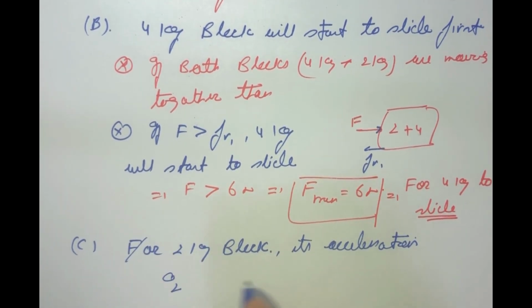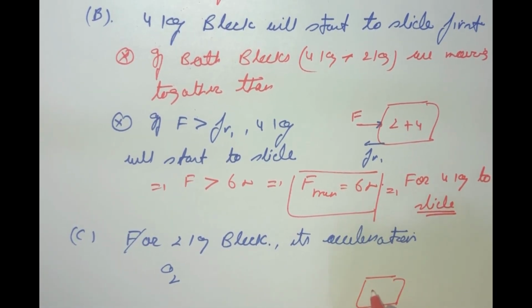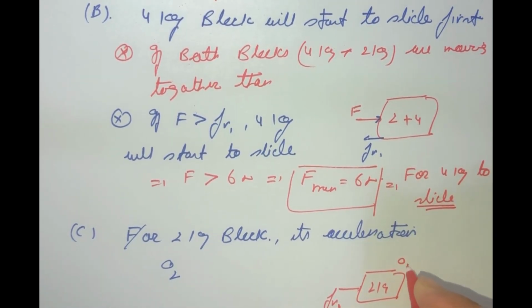So for the 2 kg block, the applied force on it is because of the friction Fr2, and we are saying its acceleration is A2 in this direction.